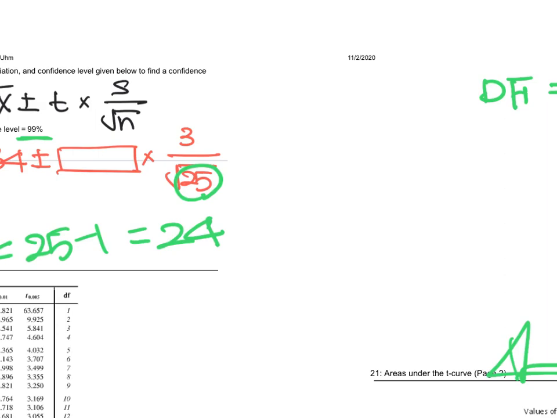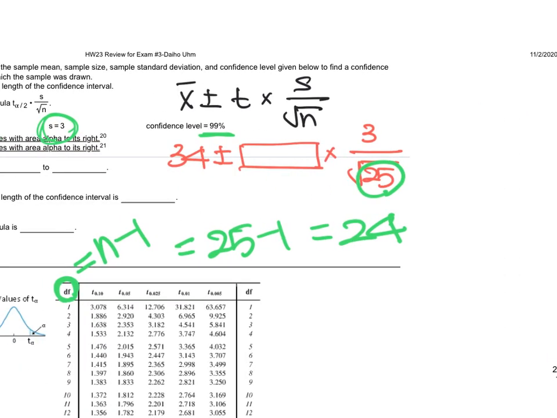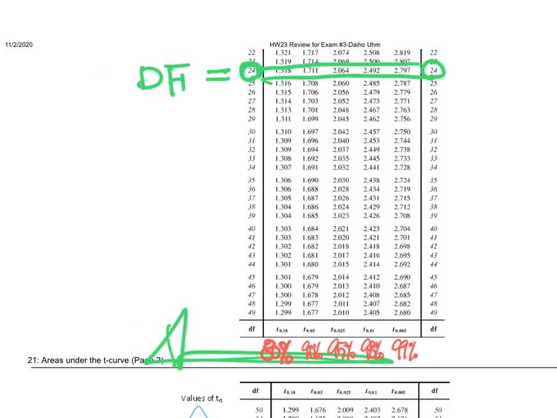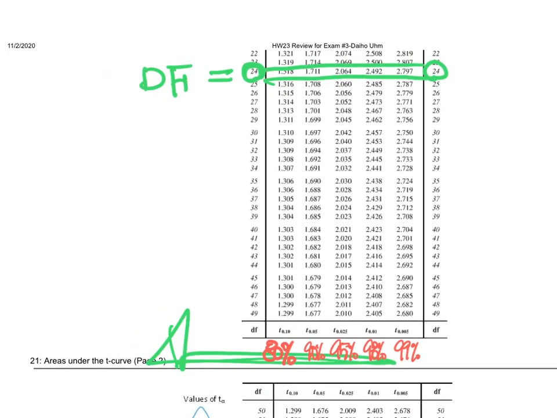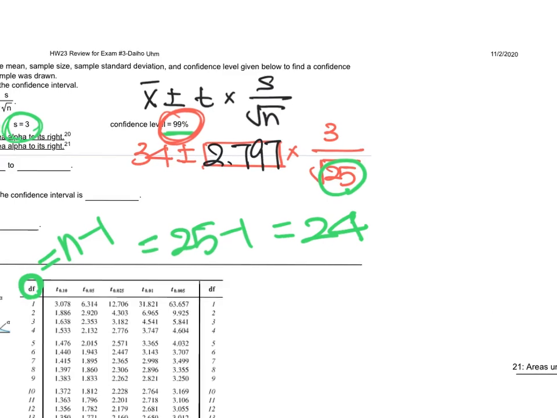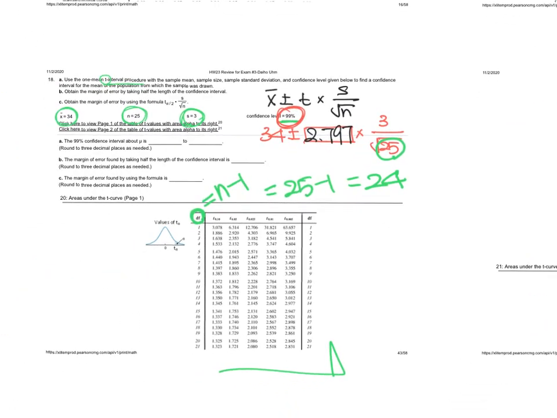So now how much confidence level? As a confidence level was 99%, right? So it's not only depends on the degree of freedom. Now the degree of freedom was 24, and the confidence level is 99%, right? So we have to choose a t-score 2.797. So let me plug 2.797 as a critical value for the confidence interval.